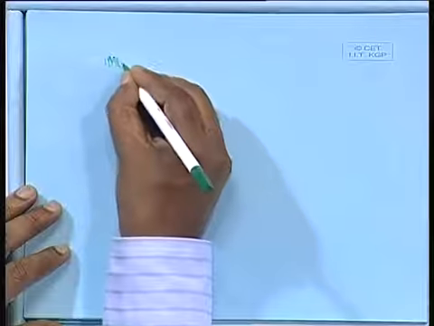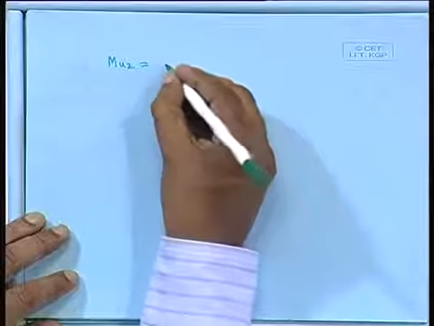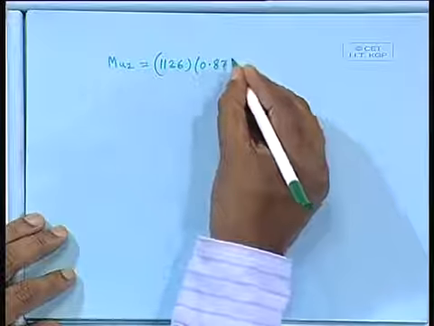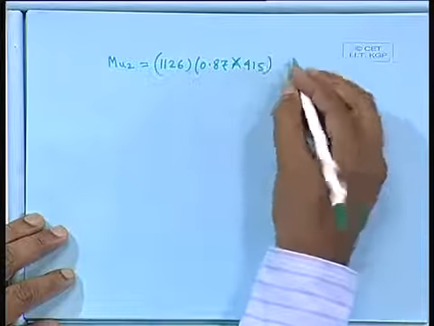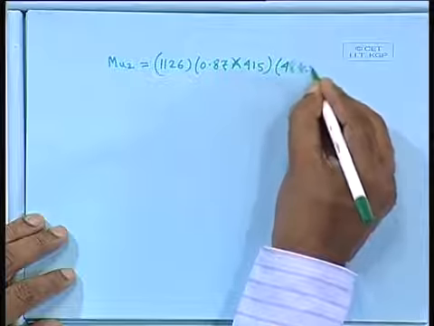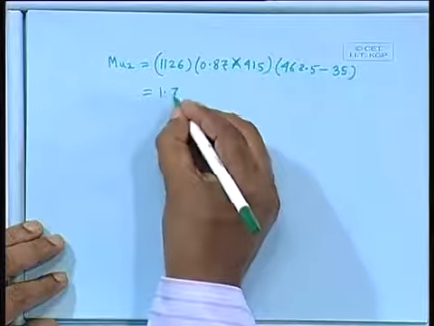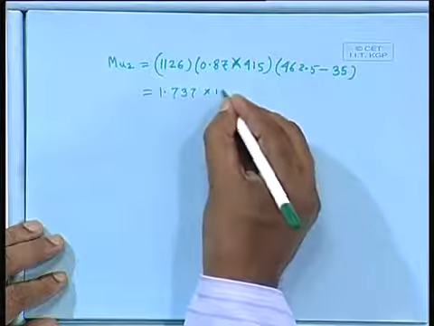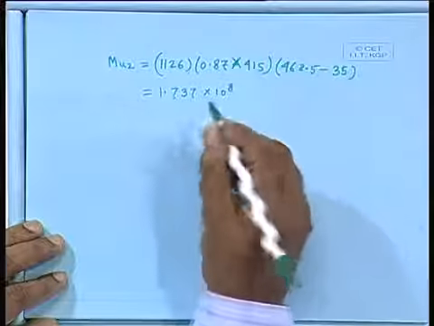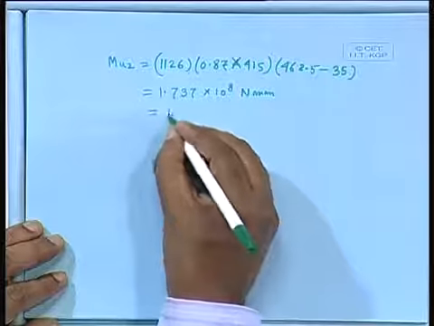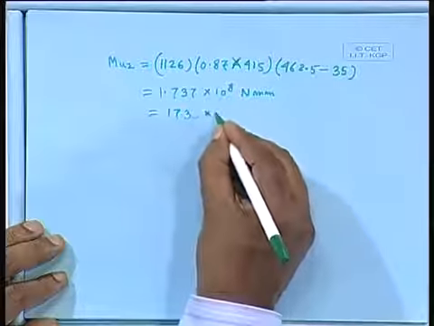We can write down then Mu2 will be equal to 1126 times 0.87 into 415 multiplied by 462.5 minus 35, which comes as 1.738 equal to 173 kilonewton meter.